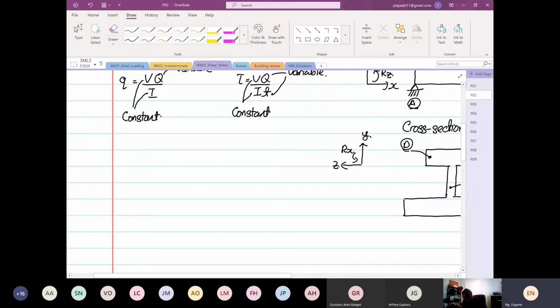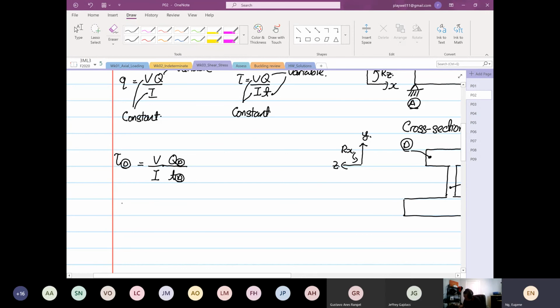If we want to find the shear at point D, this will be equal to V over I, Q at point D divided by t at point D. This is how you find it.